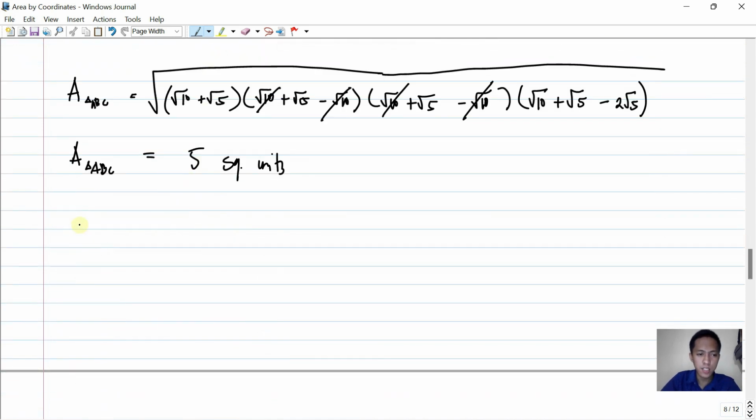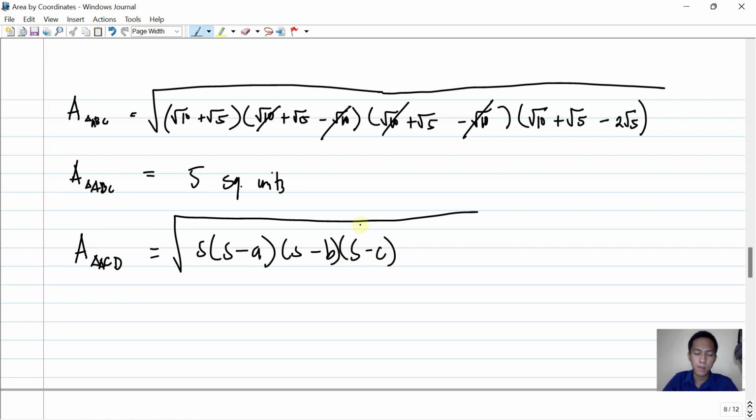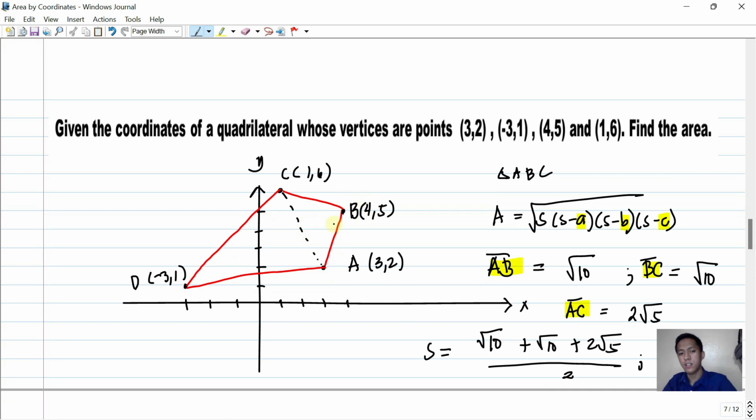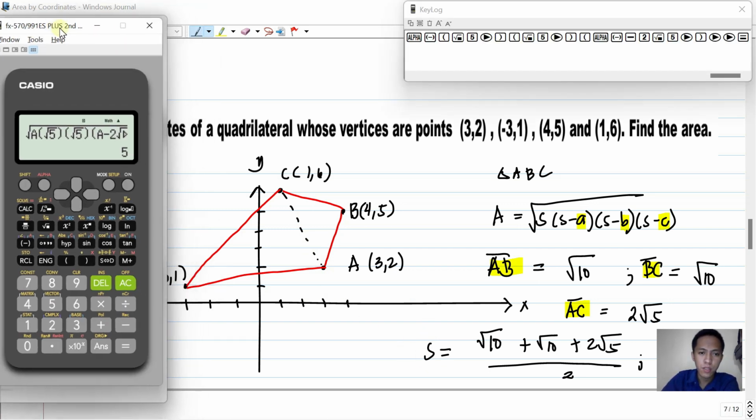So what about triangle ACD? The area of triangle ACD follows the same concept, guys: square root of semi-perimeter times S minus A times S minus B times S minus C. But of course, the lengths of the sides are not the same as here, so let's compute the lengths of the sides of ACD.